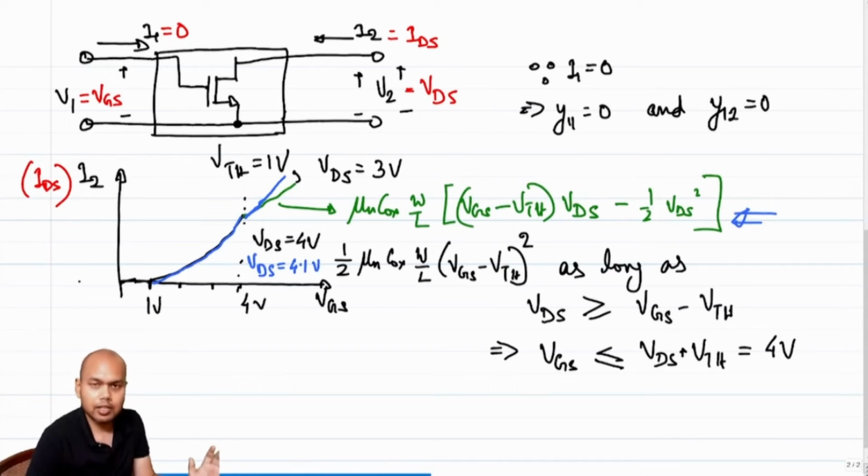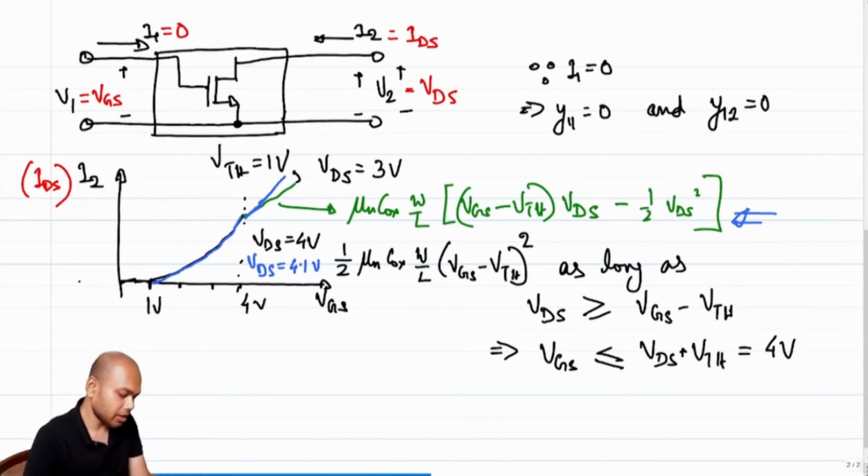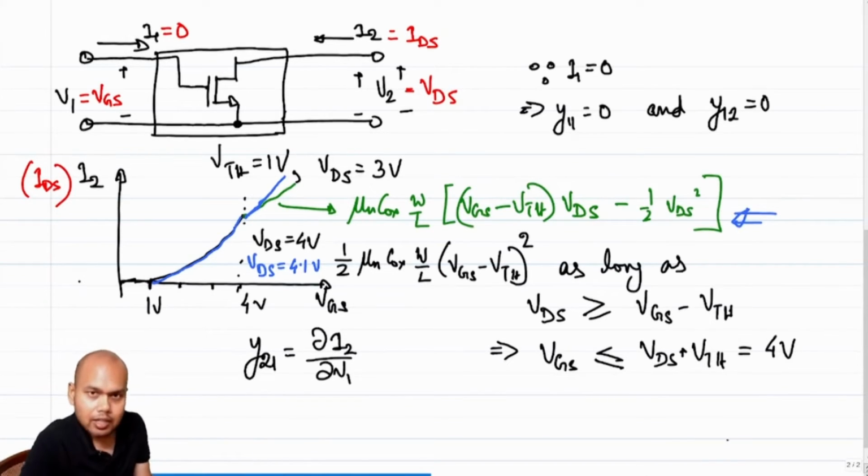This is the large signal plot of I2 versus V1 or I2 versus VGS, but we are interested in incremental Y parameter. We are interested in Y21. So what is Y21? Y21 is nothing but del I2 del V1, obviously under the condition that V2 is constant or VDS is constant in this case.